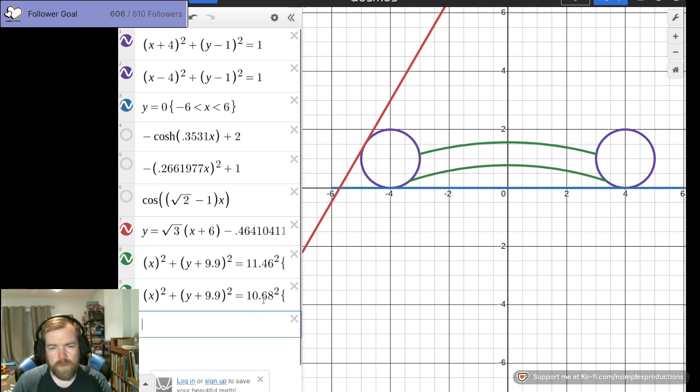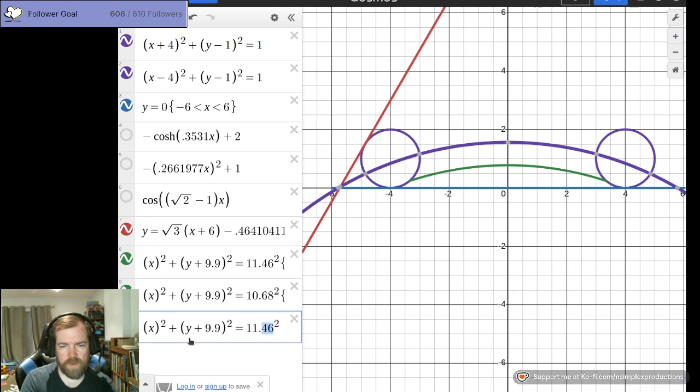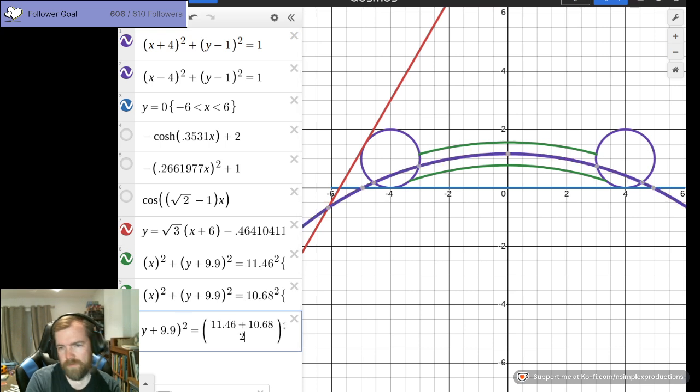So going from 10.68 to 11.46, let's go like this: 11.46 plus 10.68, take all that and divide by 2. Ay, what do you know? It's halfway. Messier things have been done.